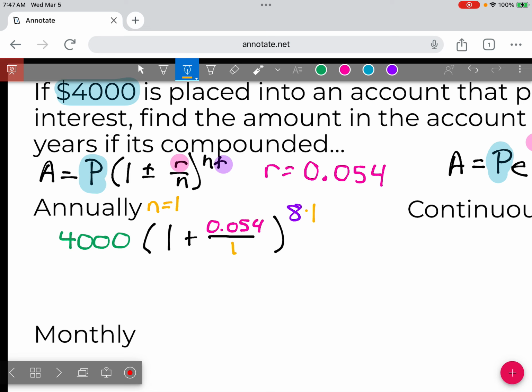So type this into our calculator, and you can do it without having to do too much simplification. You can type it in the fraction-y form, and I'll show you that one. I just had to get it marked down.